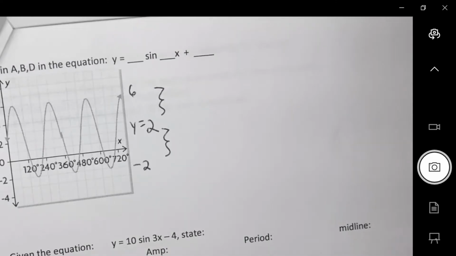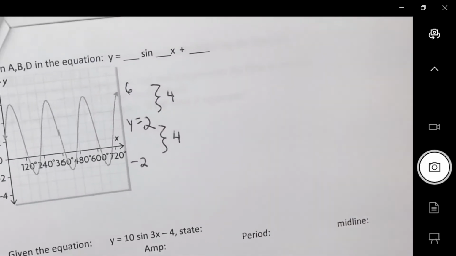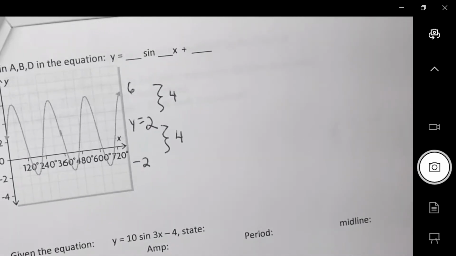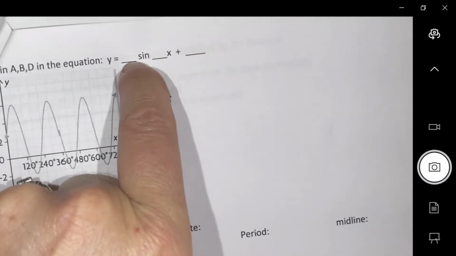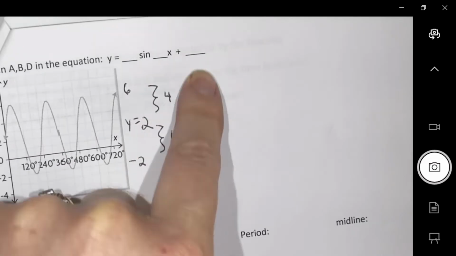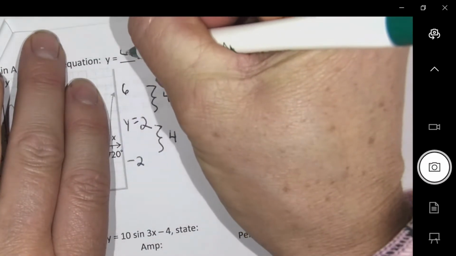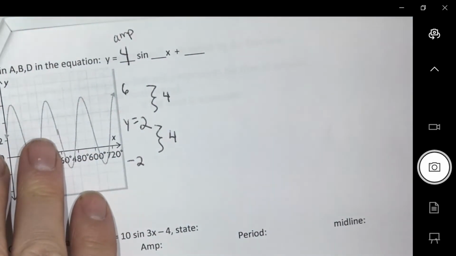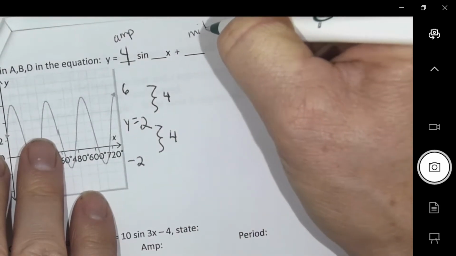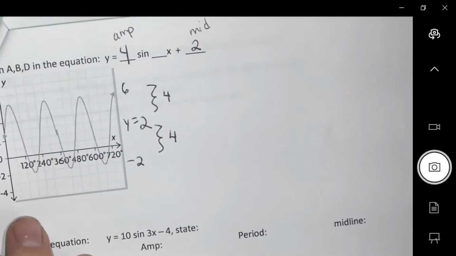What's the space in between that zone and that zone? There should be 4 between that and 4 between that. Where do I put the amplitude of 4 into this equation? The A, the B, or the D? It goes at the front. That always tells us our amplitude. And which one tells us our midline? Midline is at the end.